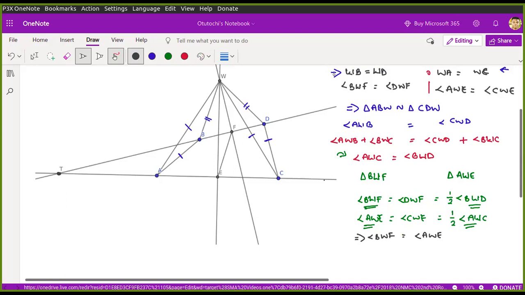Also, from this similarity, we can get something else. Now we have that angle BWF is equal to angle BWE plus angle EWF. So this implies that angle BWE plus angle EWF is equal to angle AWB plus angle BWE.